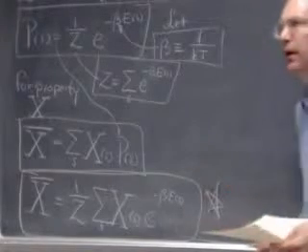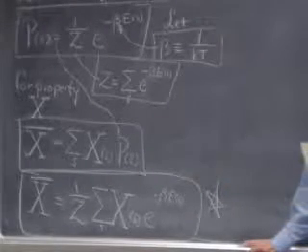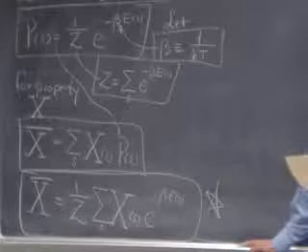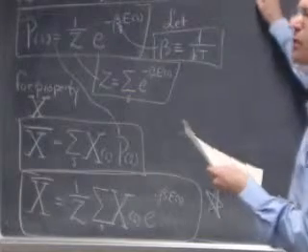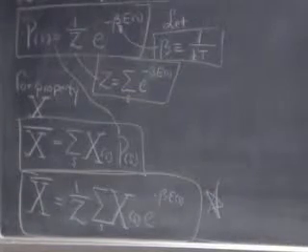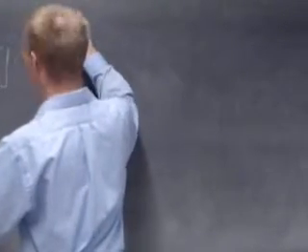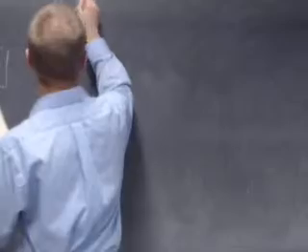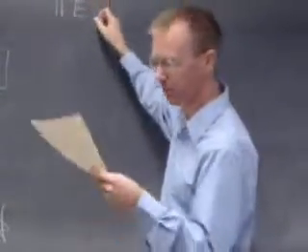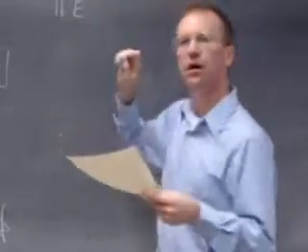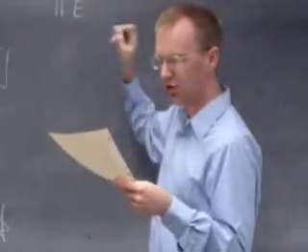Okay. Now, averages can be added up. Let's say E bar is the average energy of each atom in the system.